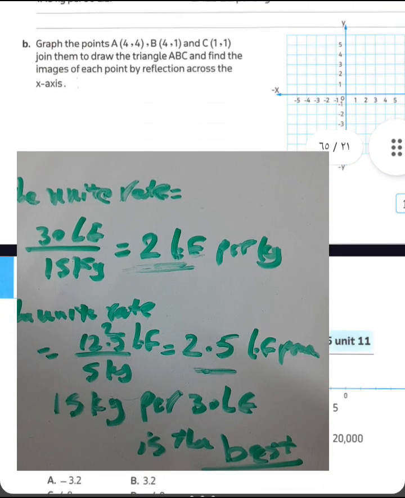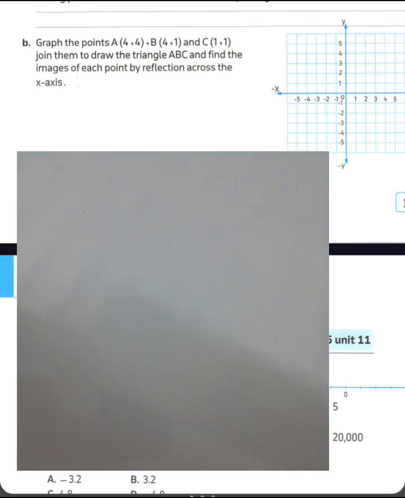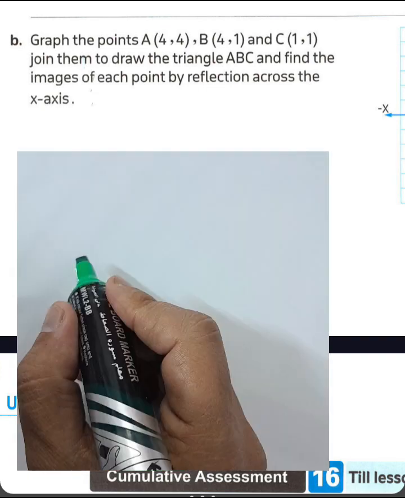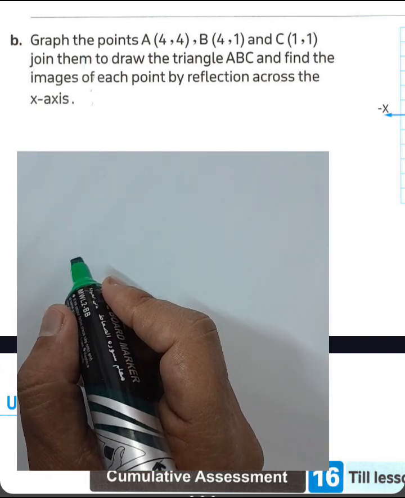Next question. Graph the points A, B, C, and then join them. Draw the triangle ABC and find the image of this triangle by reflection across the x-axis. Okay, we have this triangle.